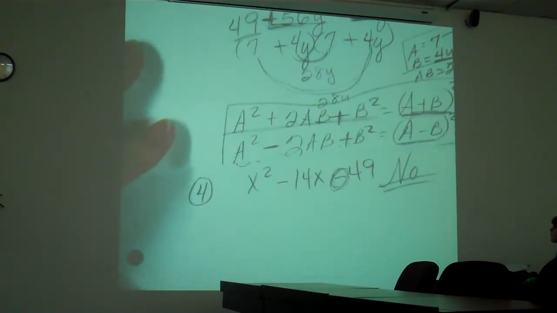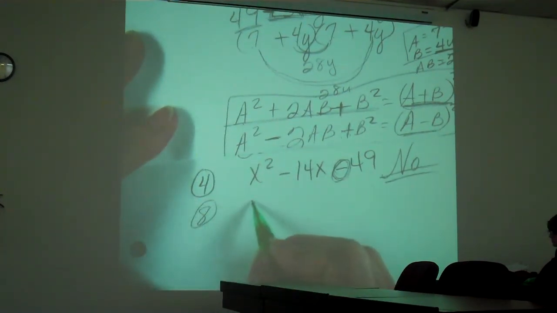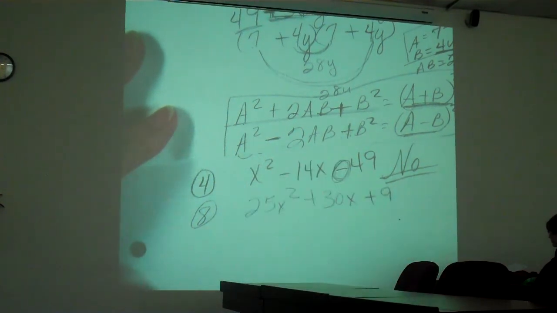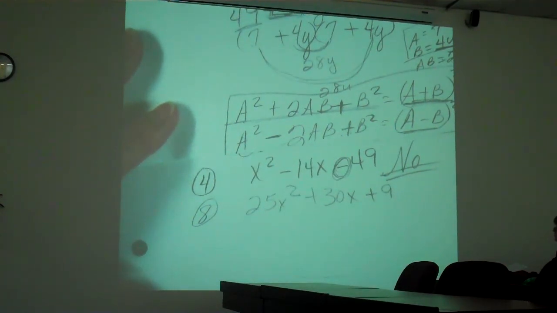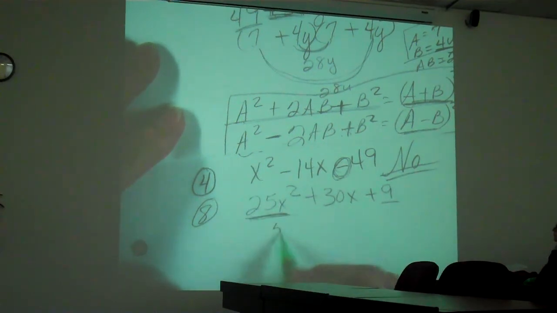Okay, let's do number 8. It says 25x squared plus 30x plus 9. Okay, so we definitely have perfect squares there, right? The square root of 25x squared is 5x.